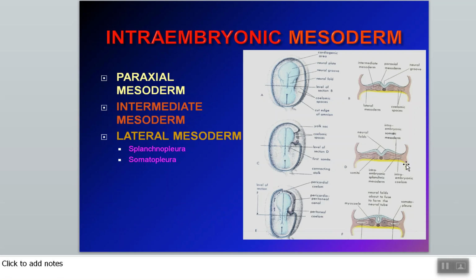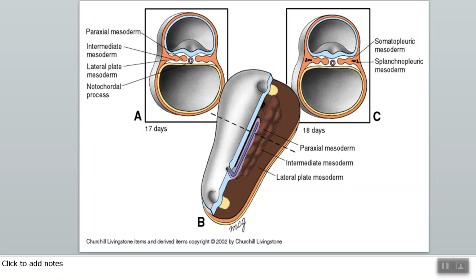You can see here the paraxial mesoderm, intermediate mesoderm, and lateral plate mesoderm in a real embryo. Again, here you can see the three germ layers, the notochord in the midline, and the formation of the paraxial, intermediate, and lateral plate mesoderm in a mid-sagittal section. You can see the notochord in here.